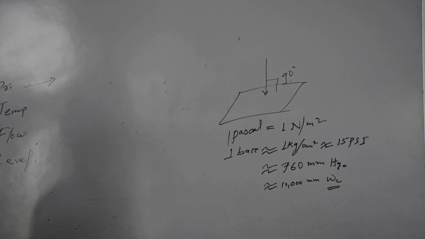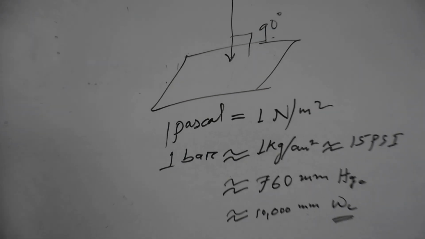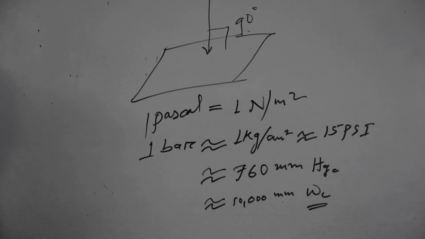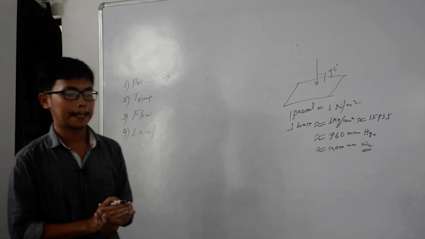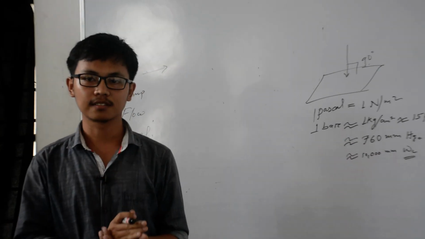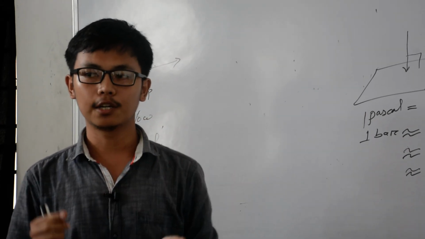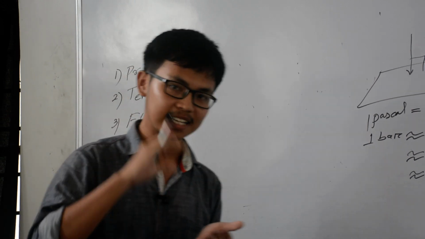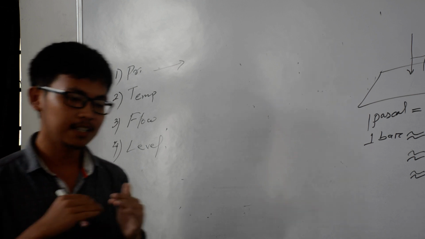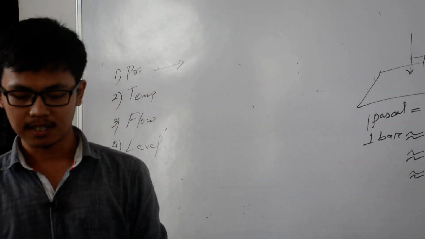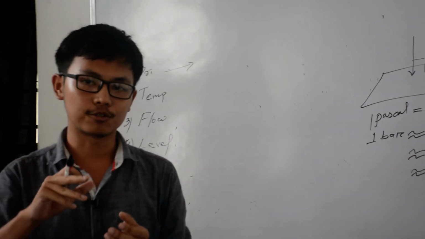So in industry, first of all we need to sense the pressure, so we need pressure sensors. There are 3 types: diaphragm, Bourdon tube, and bellows. Diaphragm is a type of plate in which some fluid is filled. It is mainly used because working fluids entering the instrument can damage it.